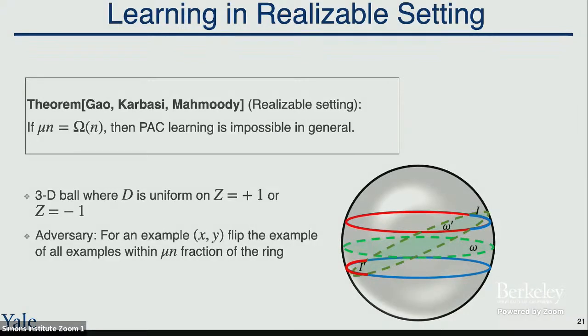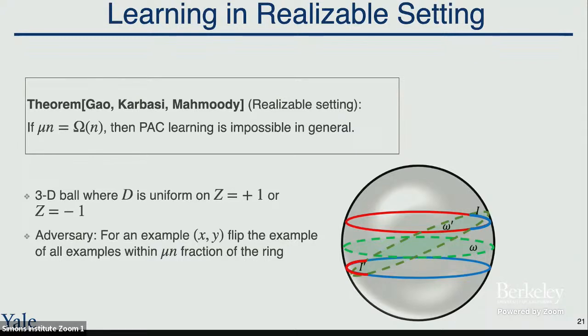Actually, there is a simple example to show that. Let's assume that the data points are only on these two rings. So it's uniform. This is a three-dimensional ball, and the data is going to be concentrated on two rings with equal probability.